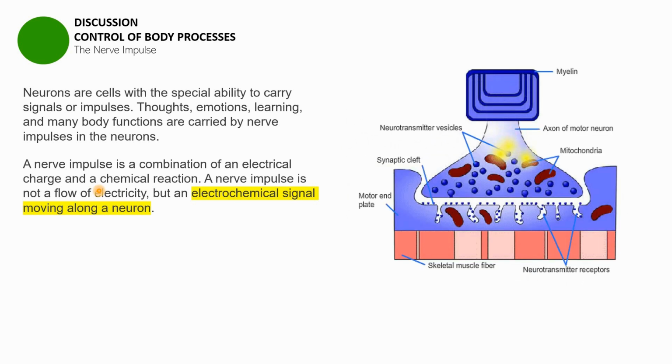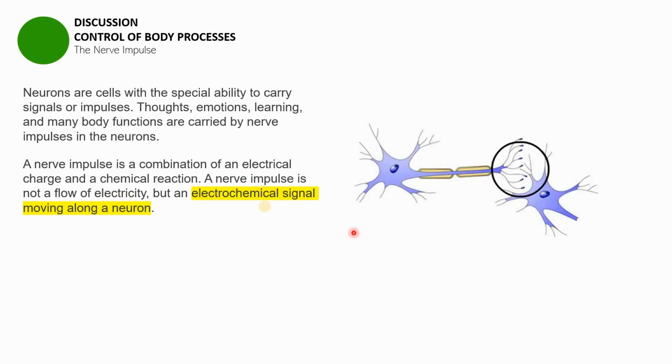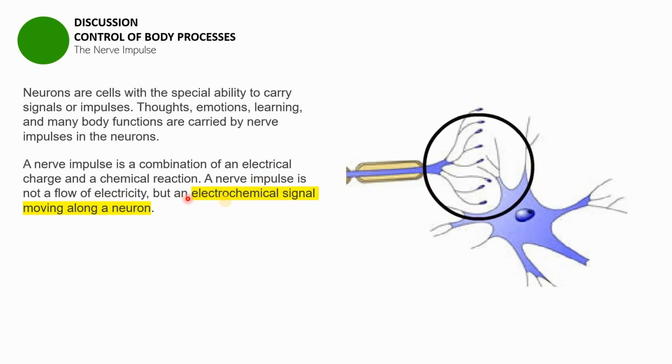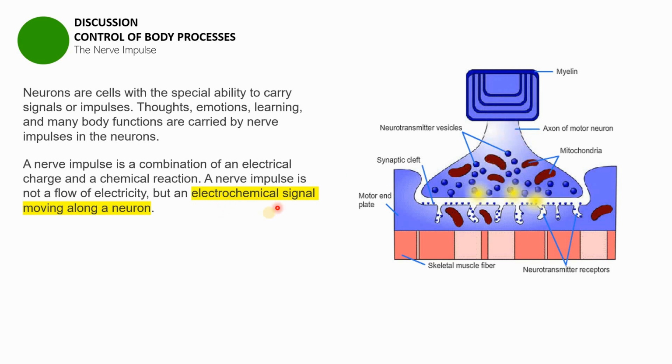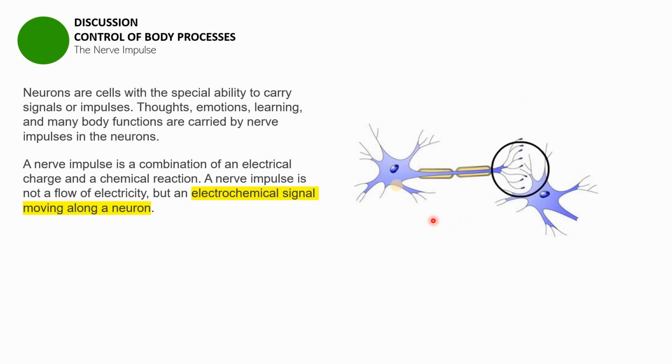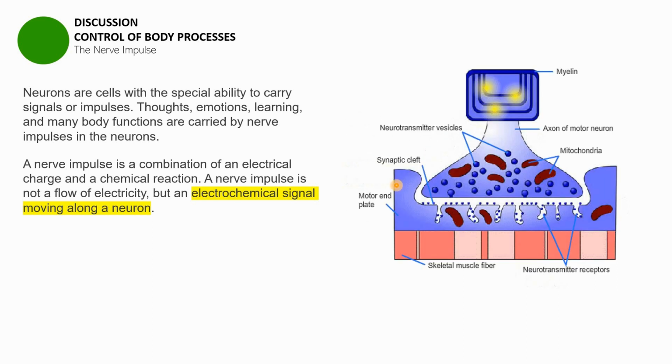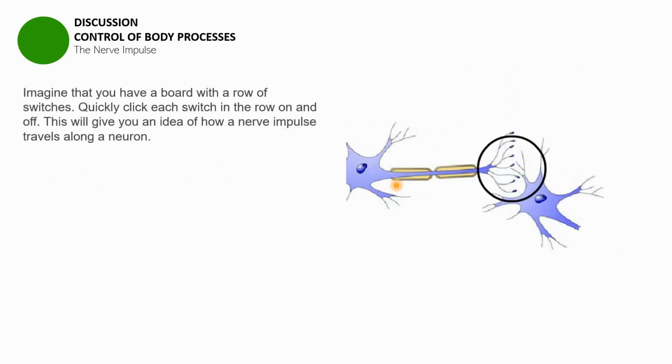It is actually also chemical in nature. So that being said, a nerve impulse is an electrochemical signal moving along a neuron. So yung mga yan, yung nakikita nyo dyan, those are electrochemical signals that move along a neuron.